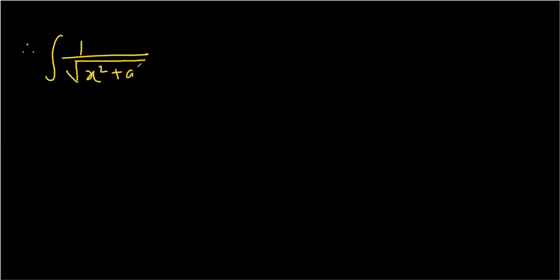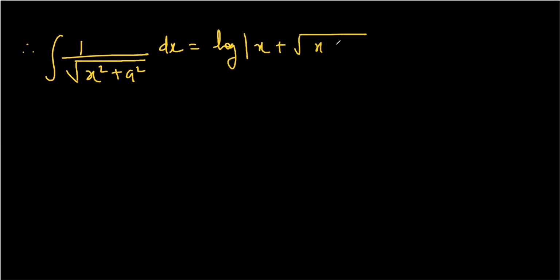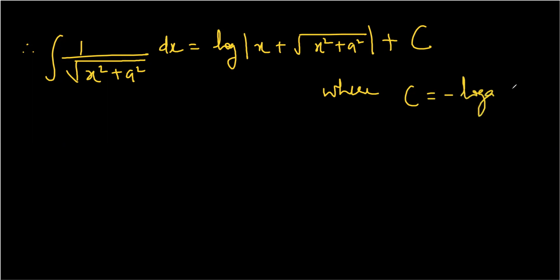So I write the final answer. Therefore, integral 1 over square root of x square plus a square dx is equal to log of mod of x plus square root of x square plus a square plus c, where c is negative of log a plus c1.